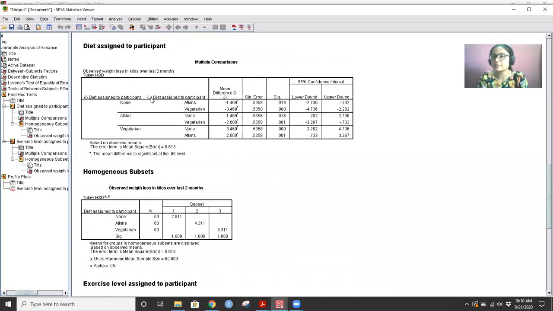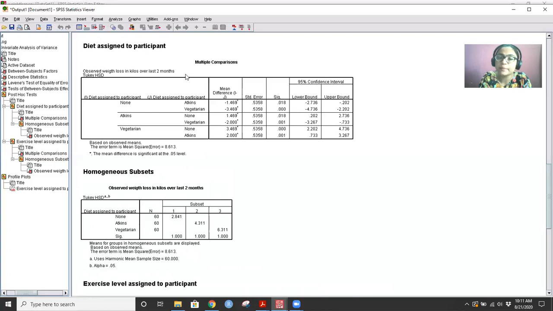So all those participants who followed diet 1 and diet 2 showed no significant difference in the mean weight loss. Okay, that's the null hypothesis. Alternative would be there is a significant difference, right? So similarly, since I have three diets, 1, 2, 3, the combinations are diet 1 versus diet 2, diet 1 versus diet 3, and diet 2 versus diet 3.